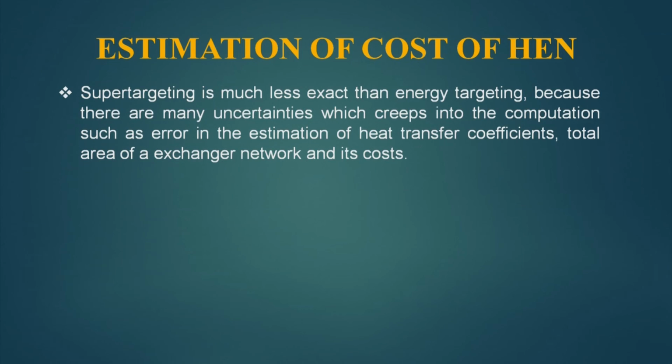Super targeting is much less exact than energy targeting, because there are many uncertainties which creep into the computation, such as error in the estimation of heat transfer coefficients, total area of the heat exchanger network and its cost. We have seen that the computation of heat exchanger network cost depends upon so many things, and one of the important aspects is the heat transfer coefficient.